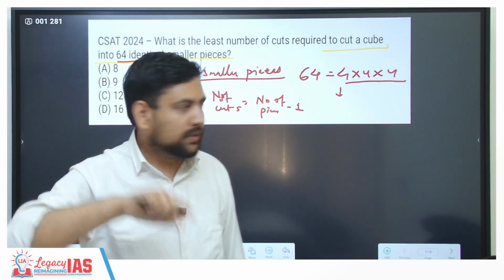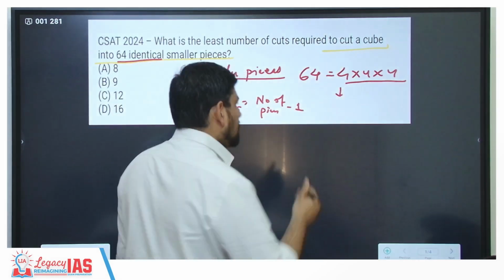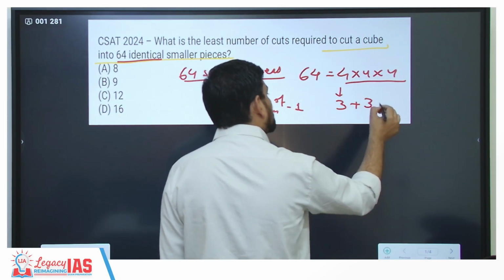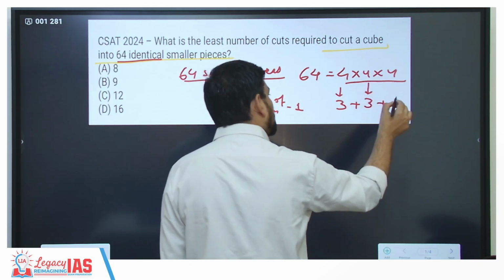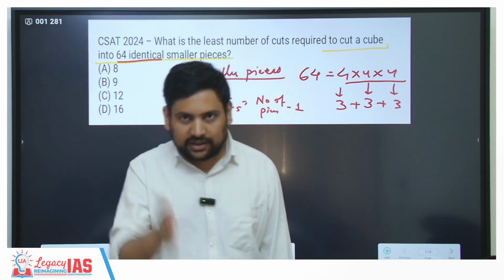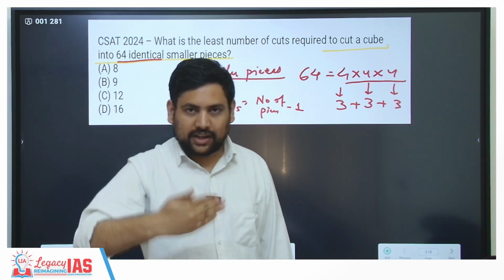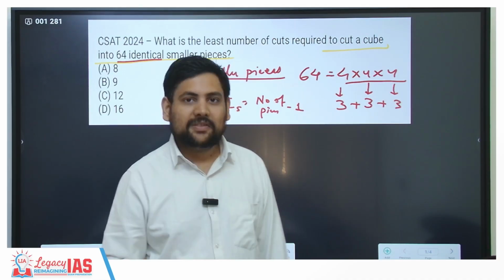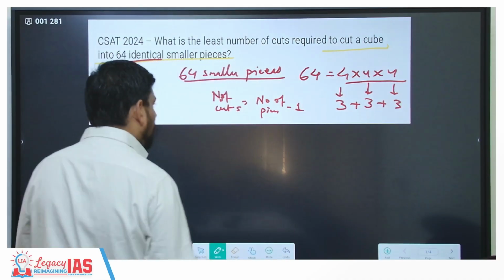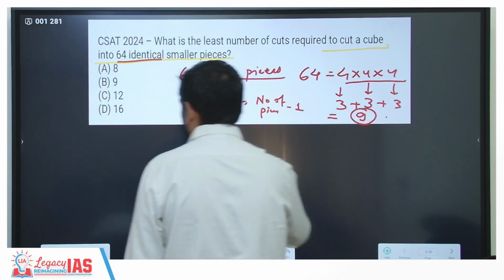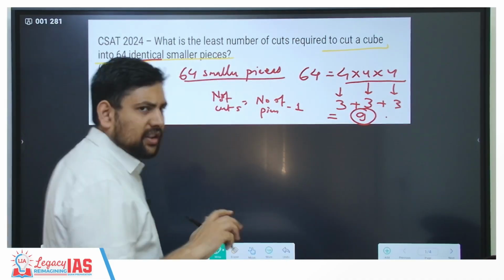So in this direction 4 pieces, 1 less, so 3 cuts. Similarly here also 3, and for this also 3. That means if I make 3 cuts like this, 3 cuts like this, and 3 cuts like this, I will get 64 small cubes. So how many cuts in total? 3 plus 3 plus 3, that is 9. So answer becomes 9. Understood?